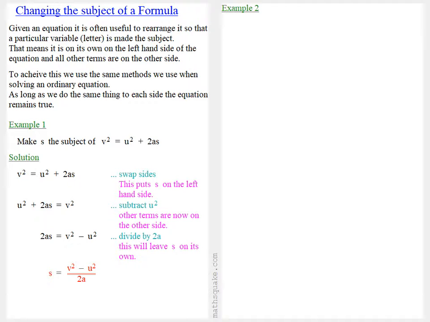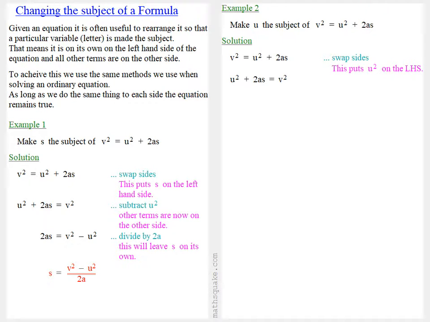Let's look at another example. Make u the subject of v squared equals u squared plus 2as. So we start with v squared equals u squared plus 2as, and the first thing we do is swap the sides. This puts u squared on the left-hand side. This gives us u squared plus 2as is equal to v squared.